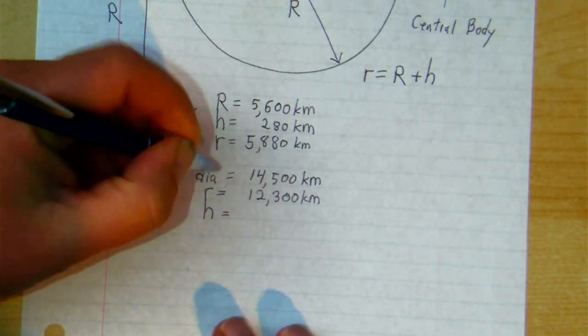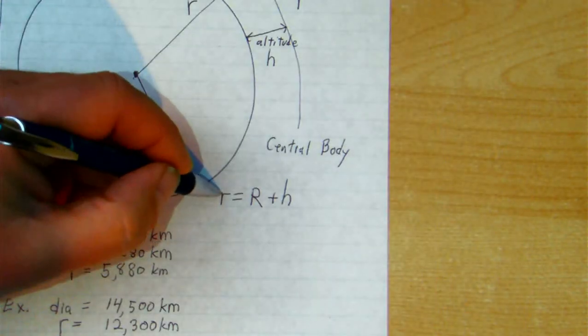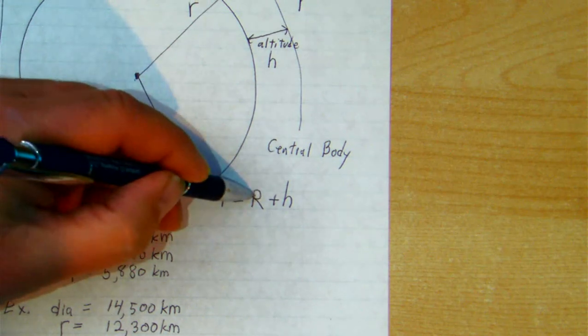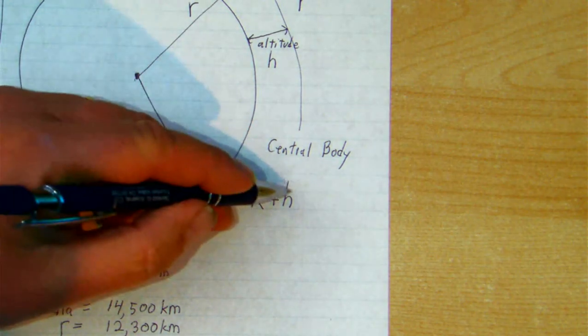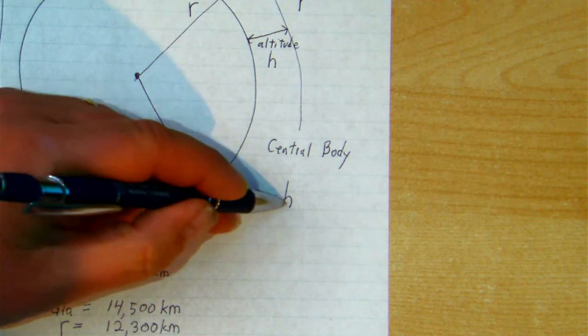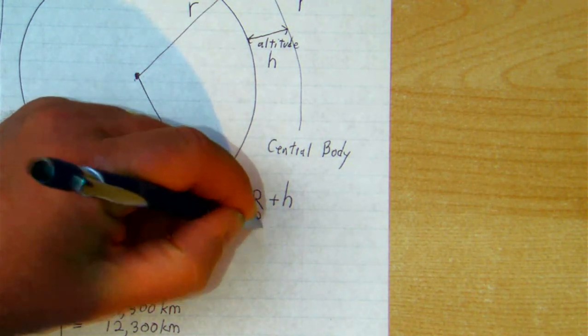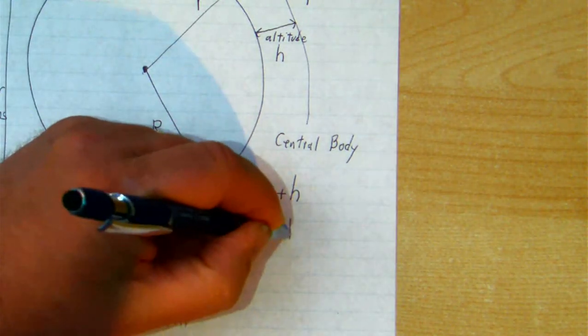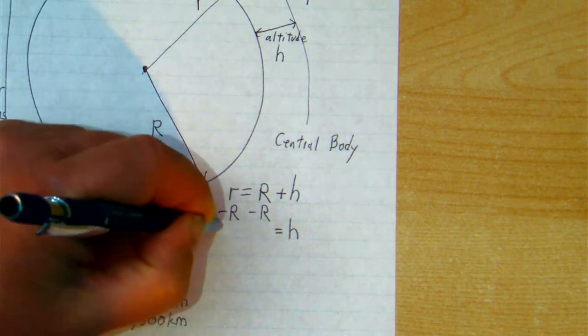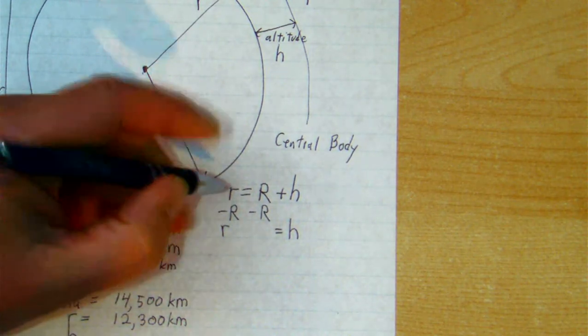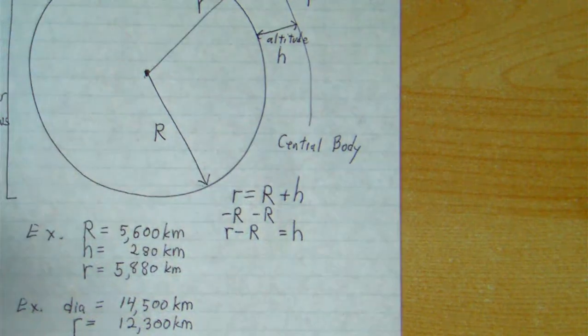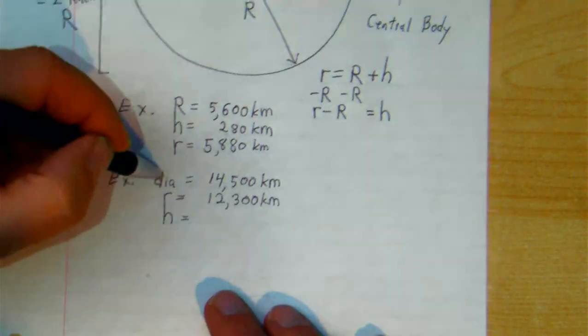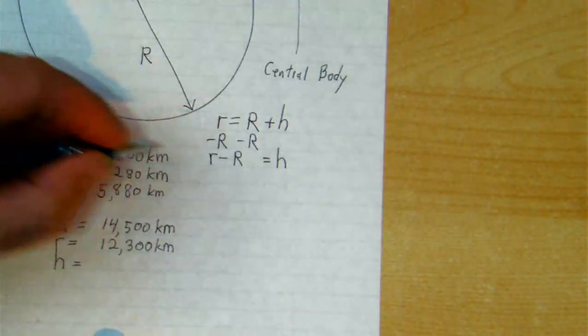Well, to get that altitude, we look at this equation that says orbit radius is equal to planetary radius plus altitude. And we rearrange this equation to solve for altitude by subtracting the planetary radius from both sides. So we have altitude is equal to orbit radius, lowercase r, minus planetary radius, capital R. The diameter is 2 times the radius.